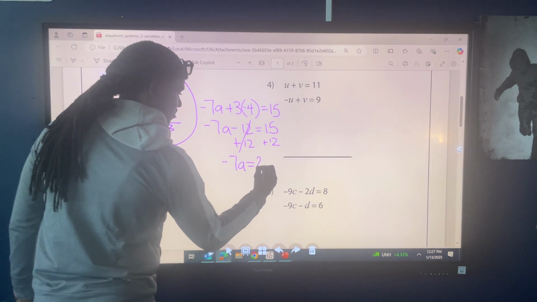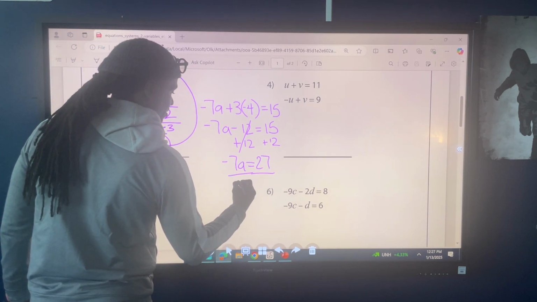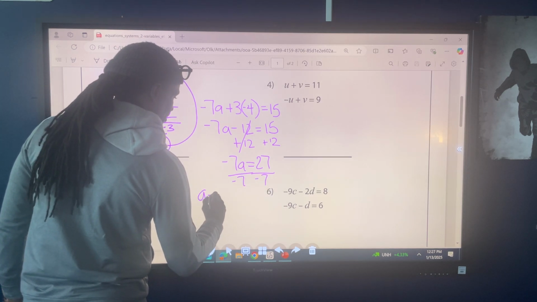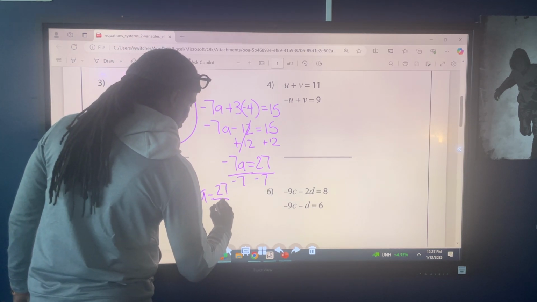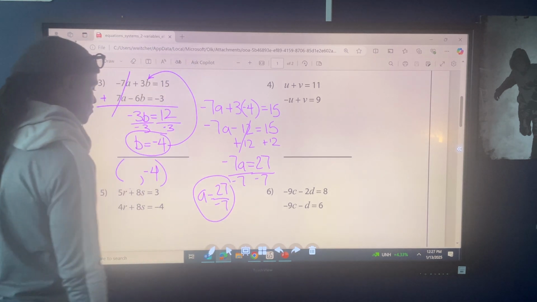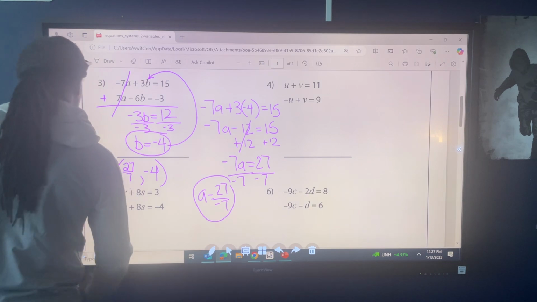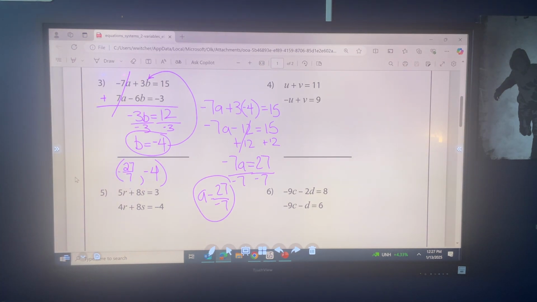Divide both sides by negative 7, and my A is what? 27 over negative 7, negative 27 over 7. All good?